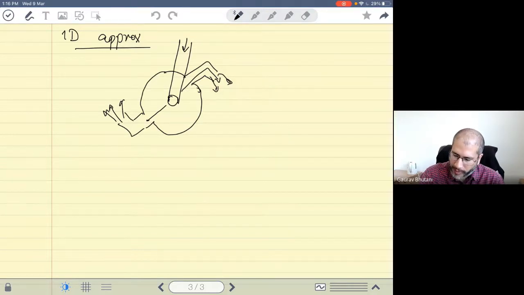Okay, so in this case, if you're talking about the flow analysis of this system, what we do is we take a control volume, which would look something like this. Let's take this as a control volume.